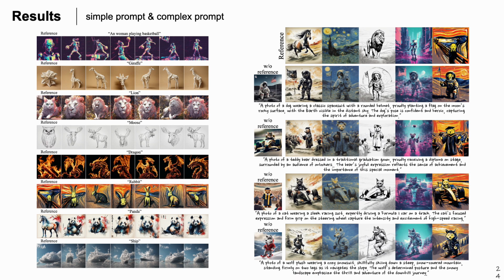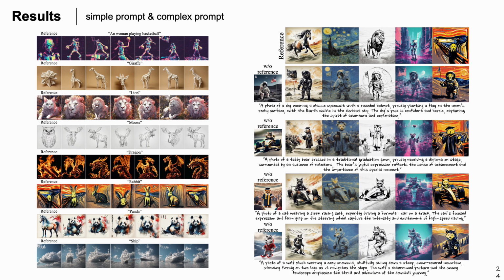This figure demonstrates the effectiveness of our method in handling both simple and complex text prompts while maintaining key strengths. On the left, for simple prompts like giraffe, lion, or moose, our method accurately reflects the reference style while showing diverse layout compositions within the same text prompt. It shows that StyleKeeper does not suffer content leakage.